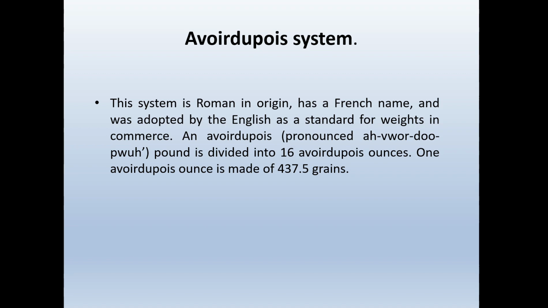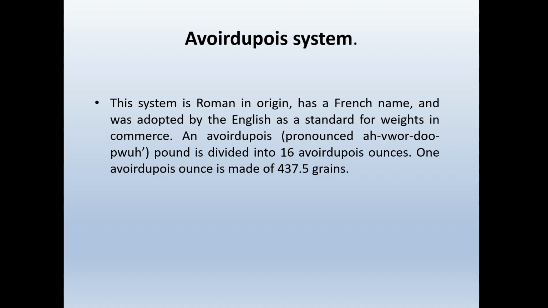Now, see how the spelling is, but you see how it's being pronounced. An avoirdupois pound is divided into 16 avoirdupois ounces. And 1 avoirdupois ounce is made up of 437.5 grains.